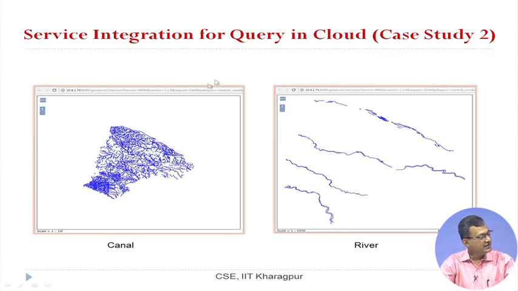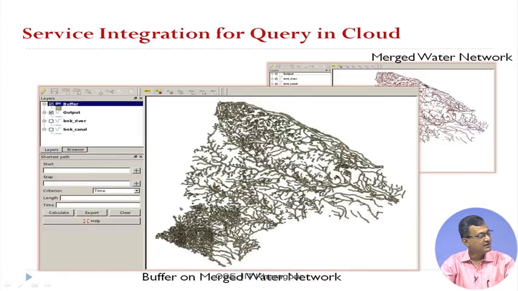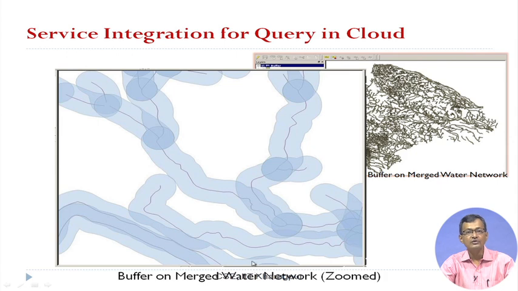The other example again uses two sets of data: canal data on the same Bankura district, and river data in a different source. I want a merged water network which integrates the canal along with the river. Again these two are in separate VMs or separate cloud instances. I have merged data and want to buffer on it, to see what happens during heavy rain or flooding.